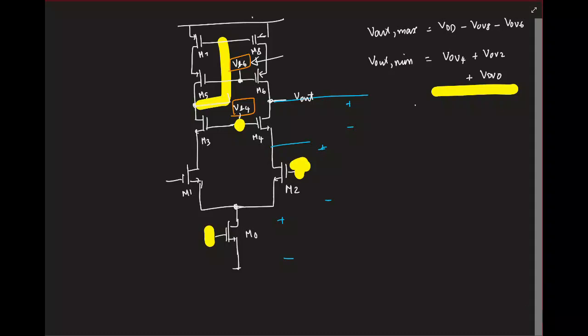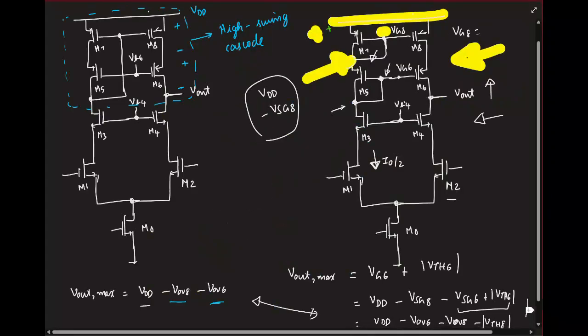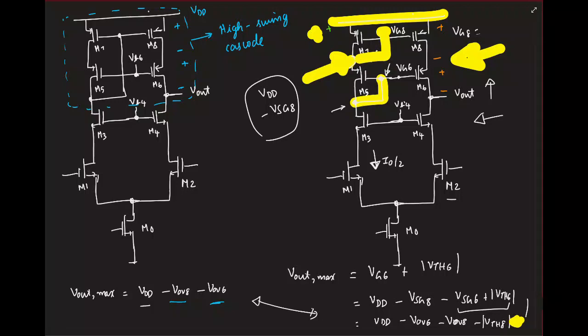For example, in this circuit here, it might seem like again the maximum you can have is VDD minus overdrive of this minus overdrive of this. But that's not the case we have, right? You see that we have additional VTH. So the moment you have a diode connection like this, please be careful and work it out. But if the gates are all free to be biased at any voltage, then you can directly do this.